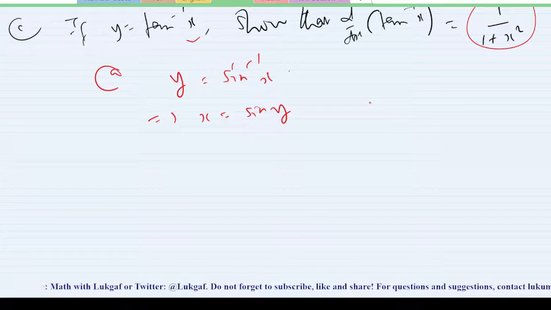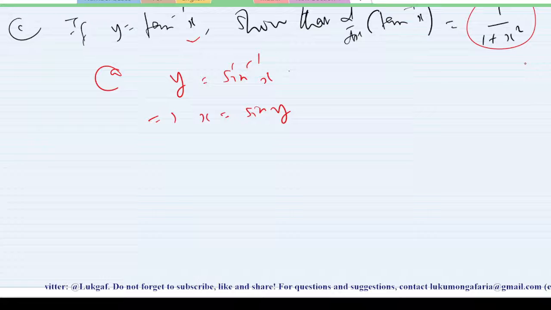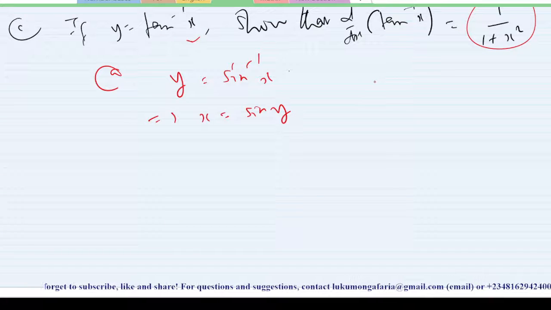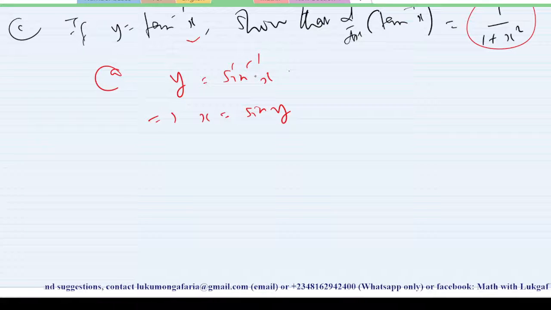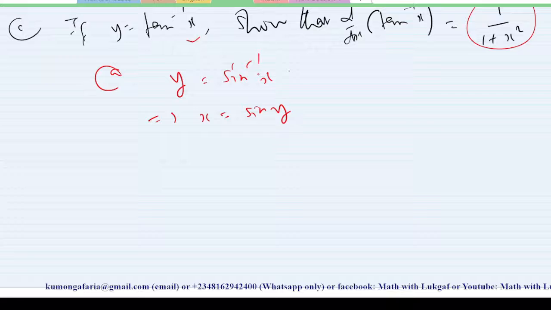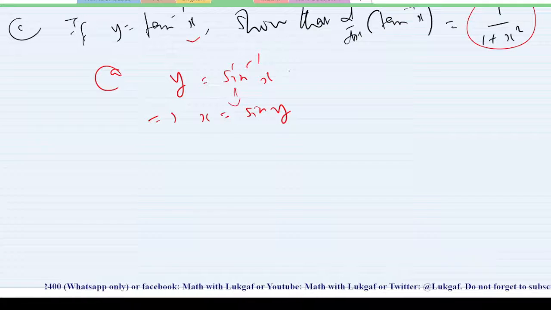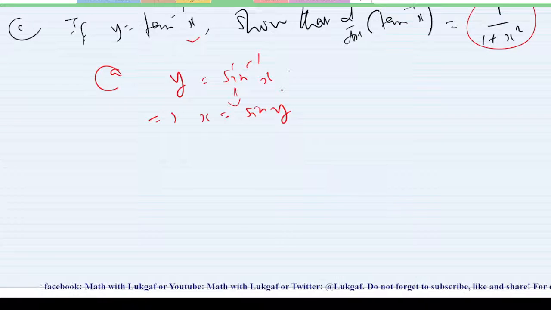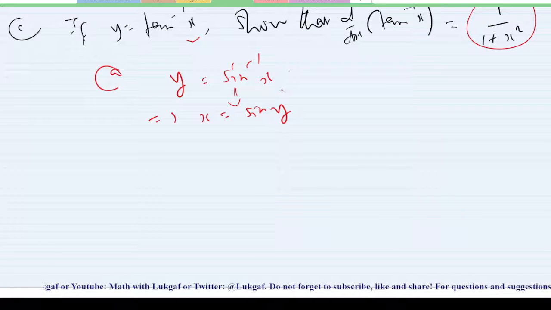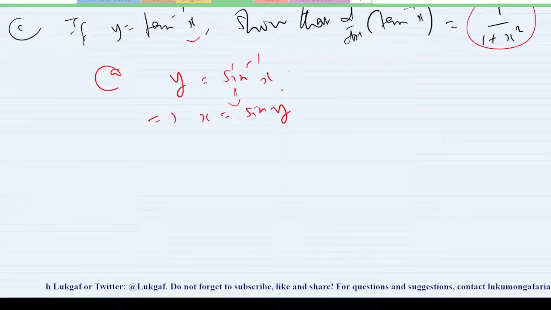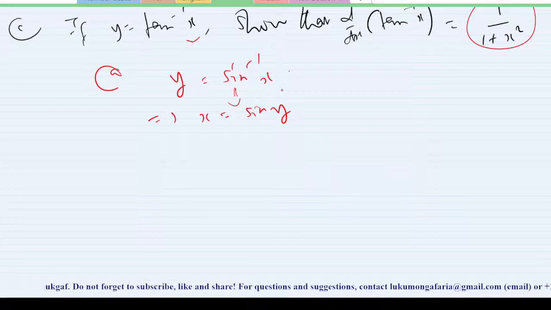One of the ways you could show this is that if y is a function and you have the inverse of sine x, then automatically you are going to have x to be sine y, since you have y to be the inverse sine of x. You understand now? So this is very trivial from your mapping, where you find your inverse.